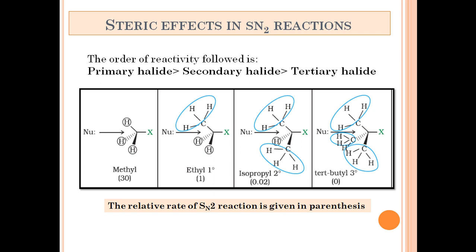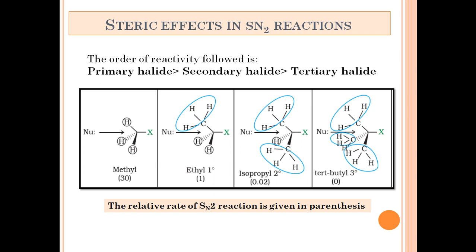In the next diagram we see there are 2 methyl groups, which is slightly less reactive than the first degree or primary alkyl halide. Here in isopropyl, we see the nucleophile is moving between the 2 methyl groups and a hydrogen atom.